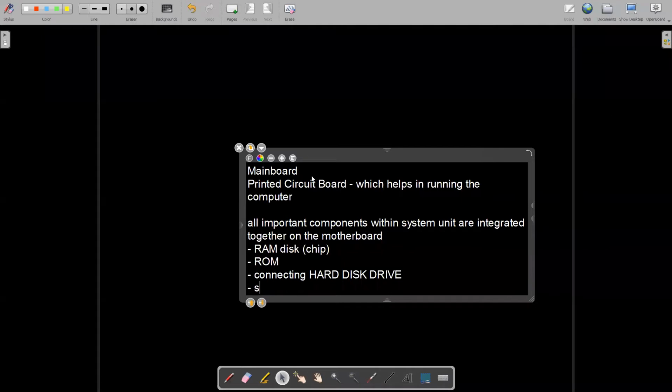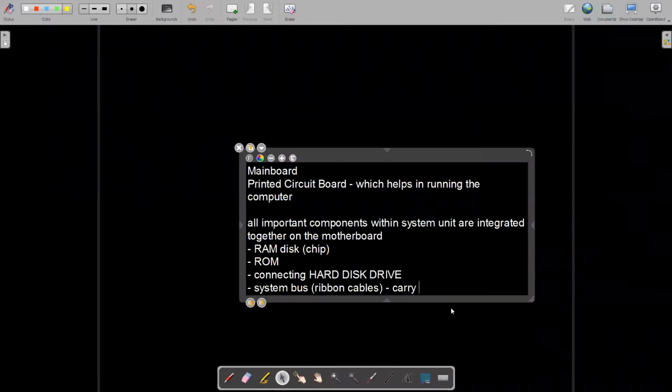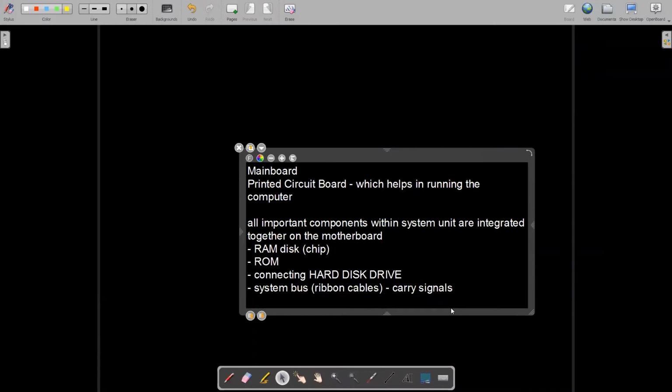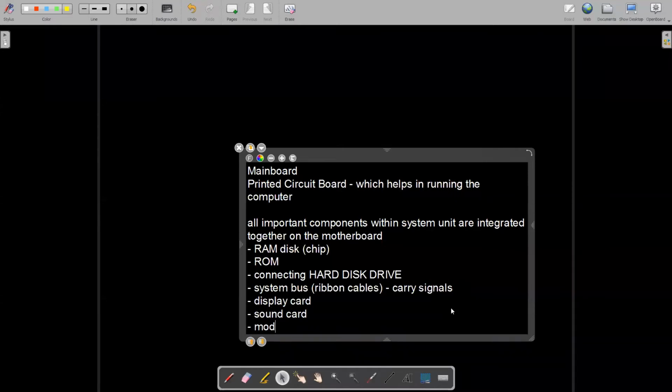It has system buses, that is your ribbon cables, which are used to carry signals from one part to another. Then it has many other slots for your display card, that is your video card, sound card, your modem card or LAN card, which we say.